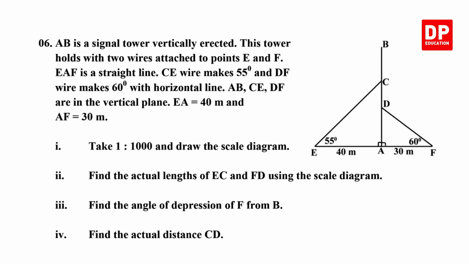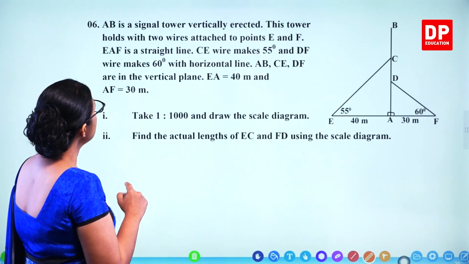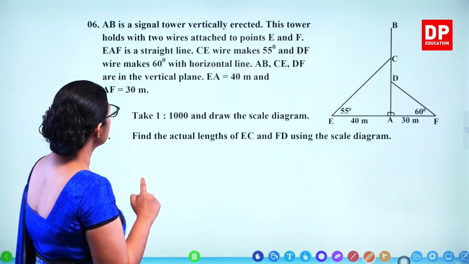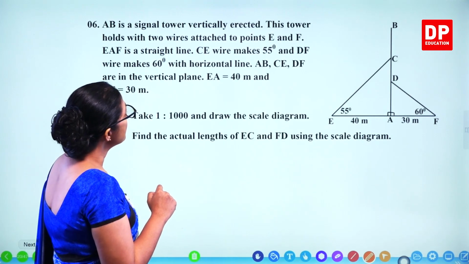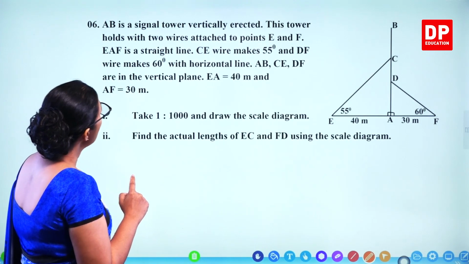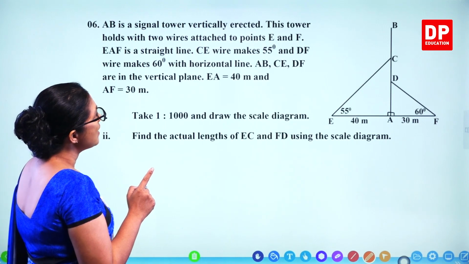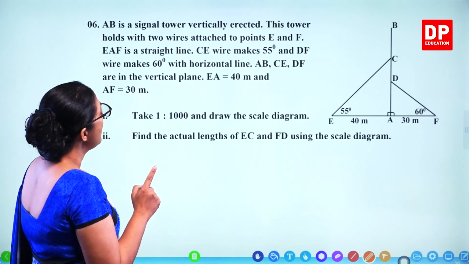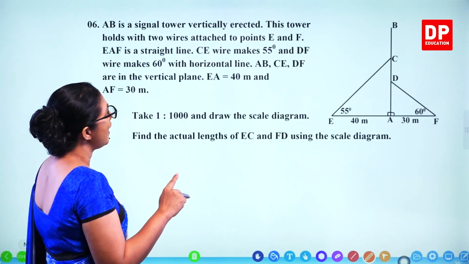Question number 6. This is about scale diagrams, so you have to draw and measure the lengths. AB is a signal tower vertically erected. This tower is held with 2 wires attached to points E and F. EAF is a straight line. The CE wire makes 55 degrees and the DF wire makes 60 degrees with the horizontal line.